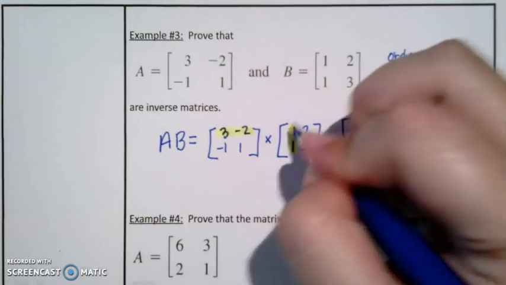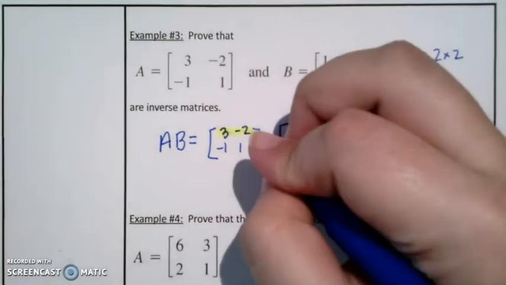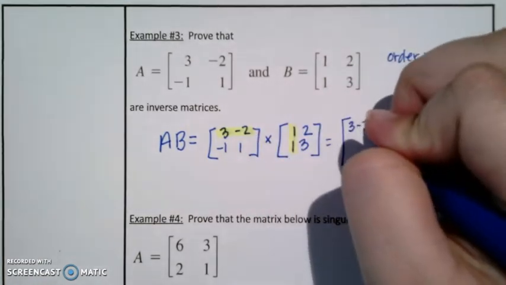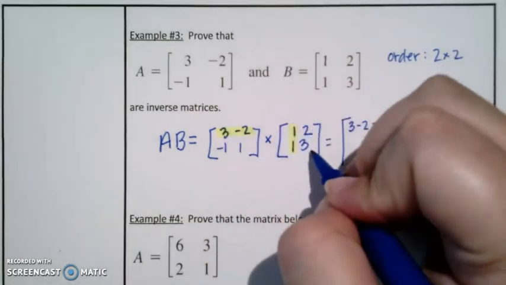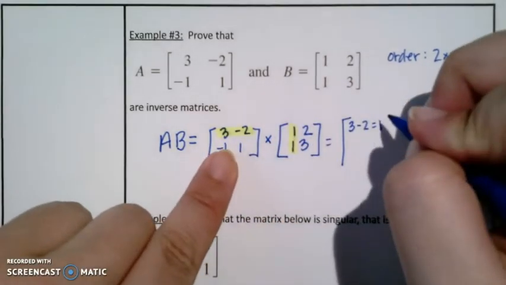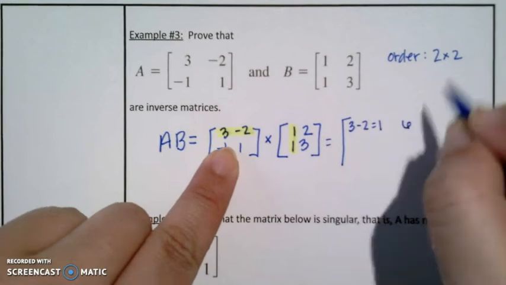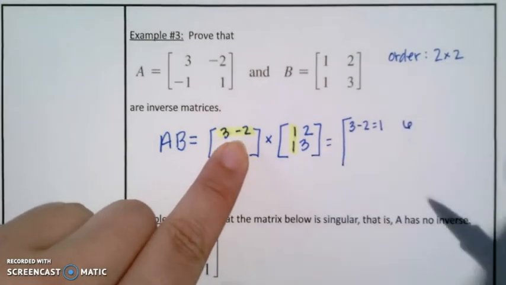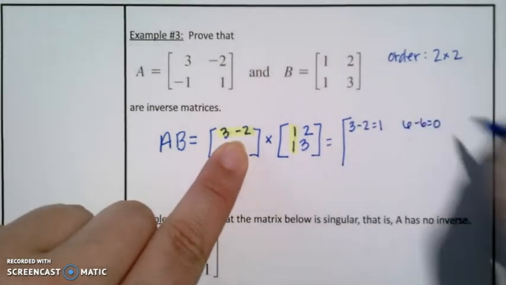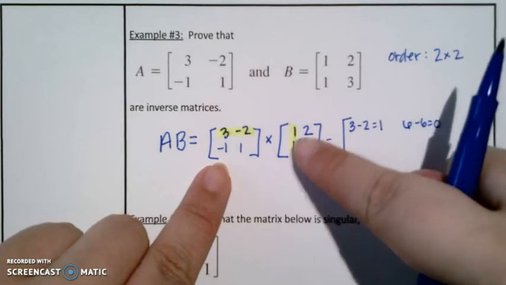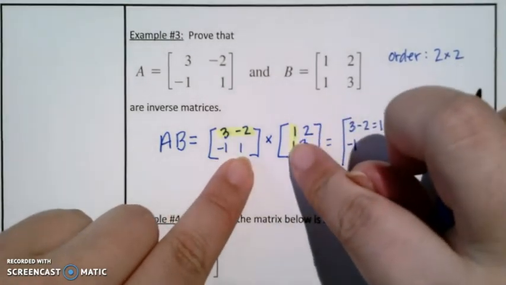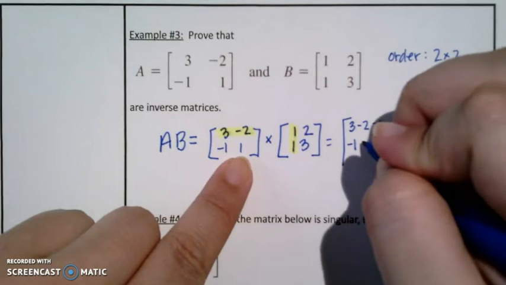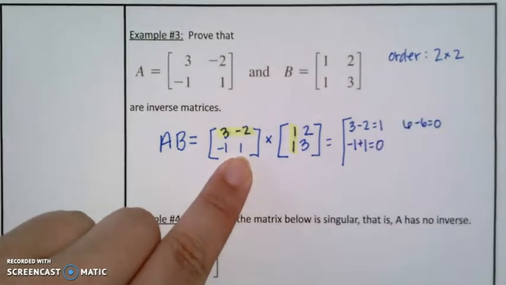So we have 3 times 1 is 3, plus -2 times 1 is -2, which equals 1. And then T across to the second column. So 3 times 2 is 6. -2 times 3 is -6, which gives us 0. And then our next row, -1 times 1 is -1. +1 times 1 is 1, so that gives us 0.